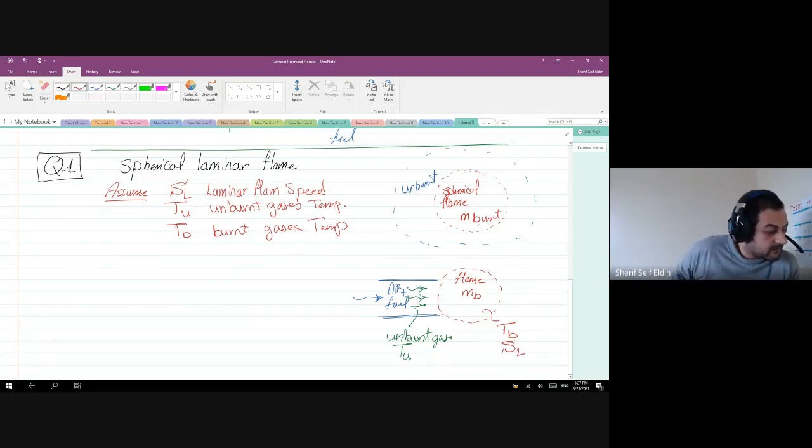So determine an expression for the radial velocity of the flame front for a fixed coordinate system with its origin at the center of the sphere. Use mass conservation for an integral control volume.